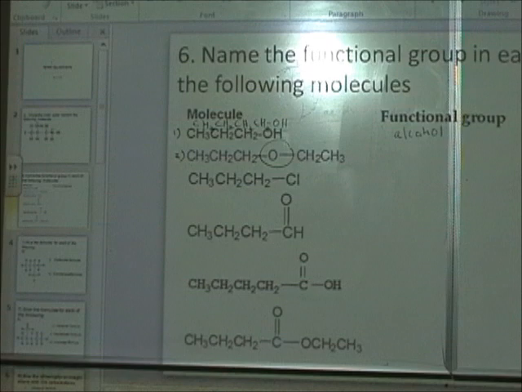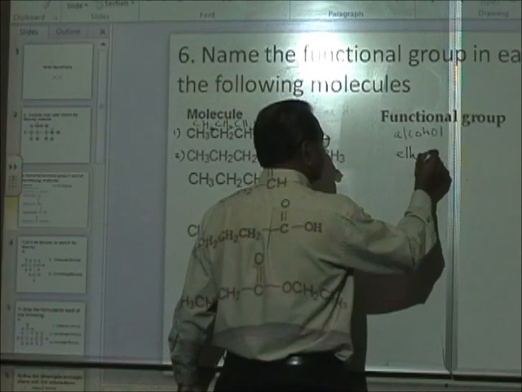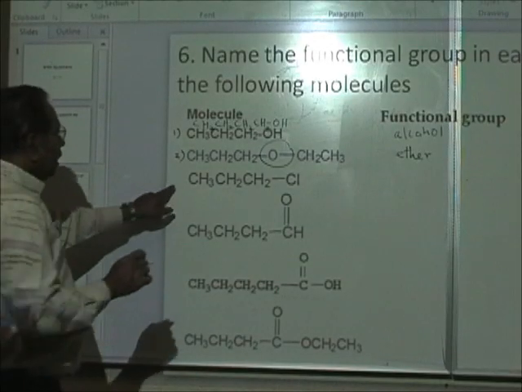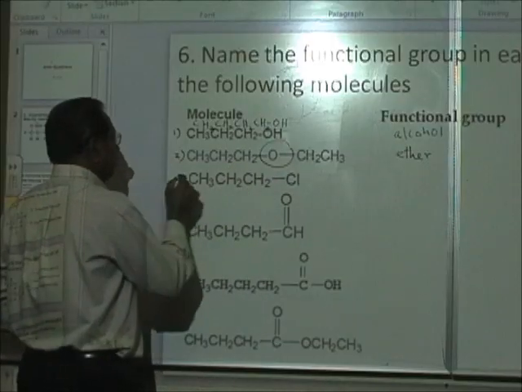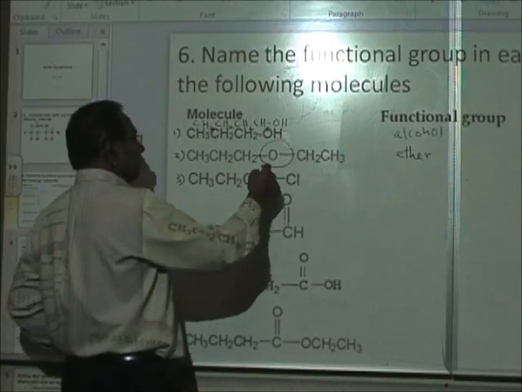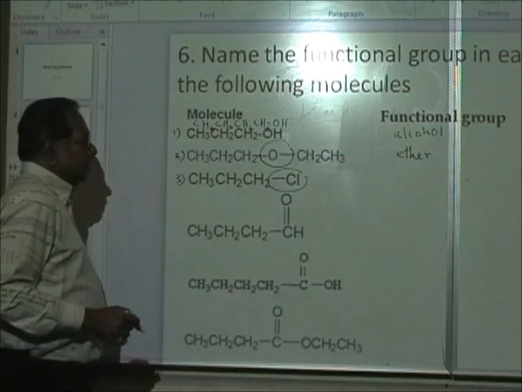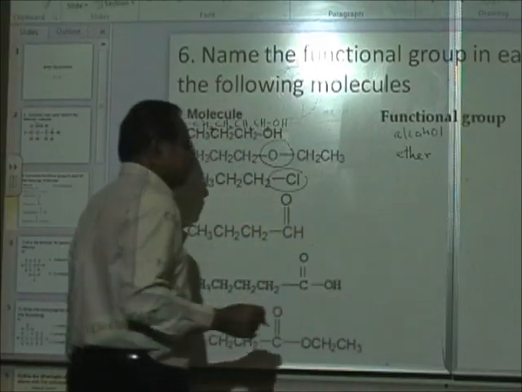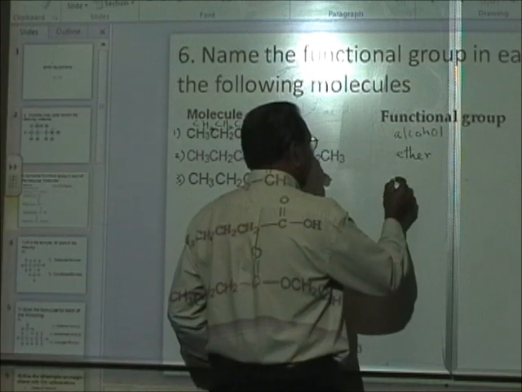When that happens, it's called an ether functional group. Just like sticking in an OH, you could replace a hydrogen with a chlorine, and we call that a halide.